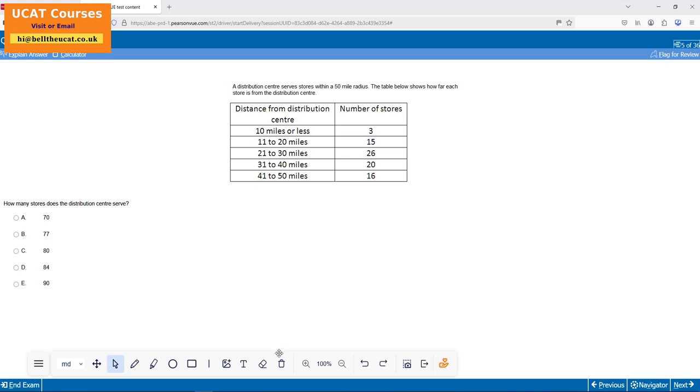What's the plan? How many stores does the distribution center serve? The distribution center has a 50-mile radius, and so on. In this case, I just need to add them up. There are 2 ways to add them up. First way is the last digit strategy.